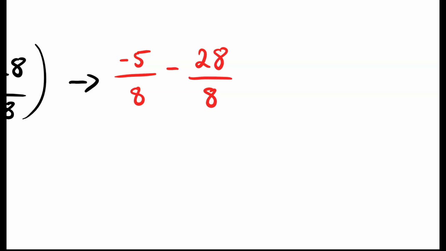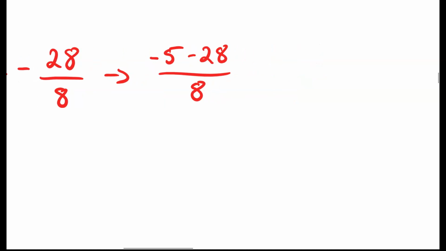Because the denominators are the same, we're able to combine this and just have one denominator, which looks like negative 5 subtract 28 over 8. So we were able to turn these two separate fractions into one equation now.